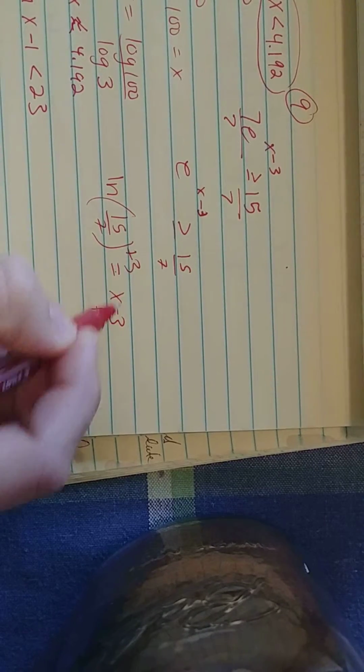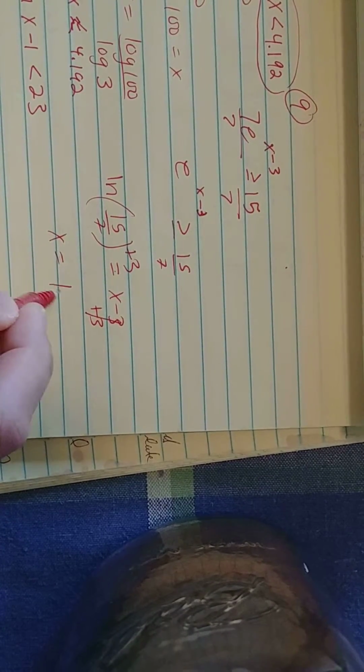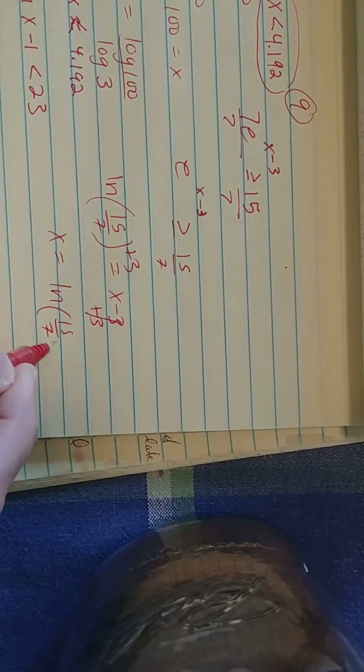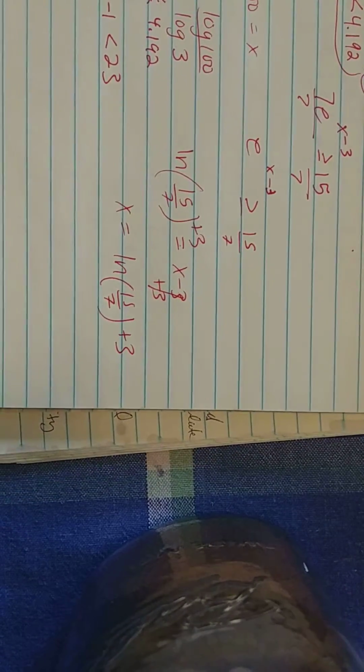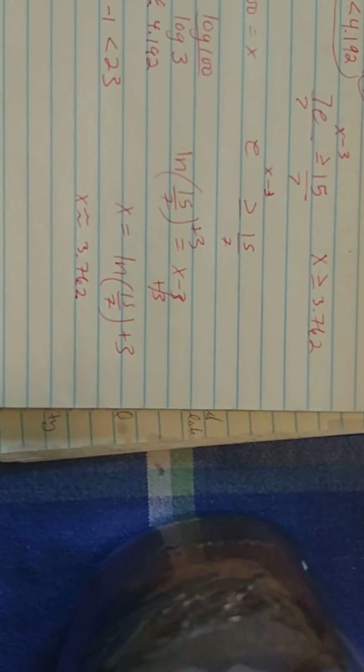Add 3, add 3. So x is log natural of 15/7 plus 3. So kind of gross, but I can just use my calculator to plug that in. So when I evaluate that, I get x is about 3.762.